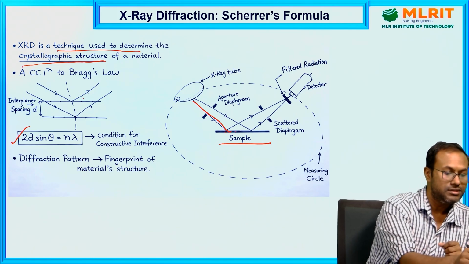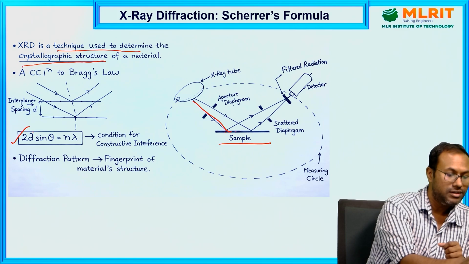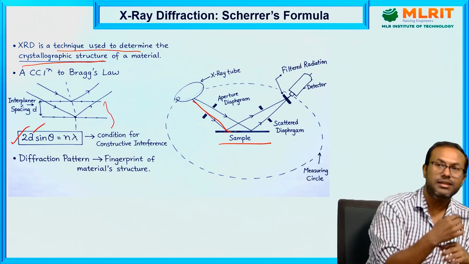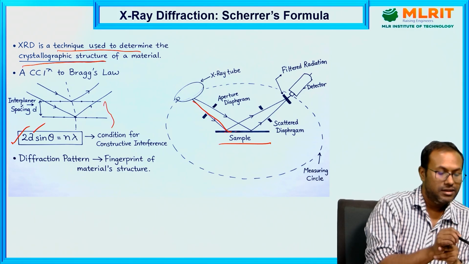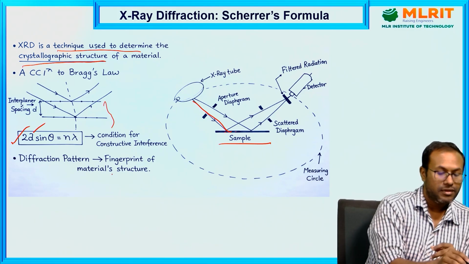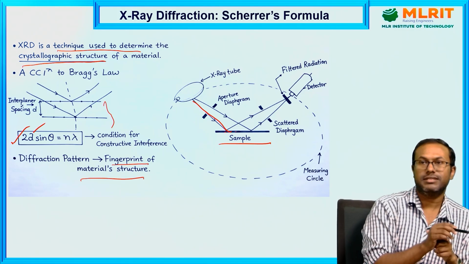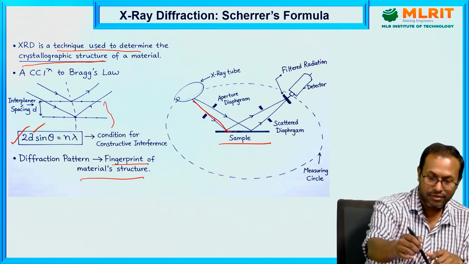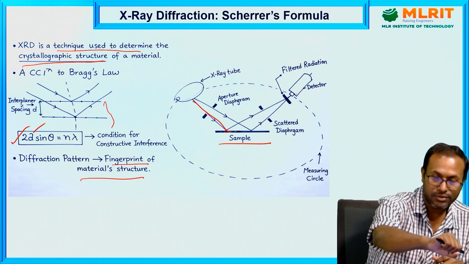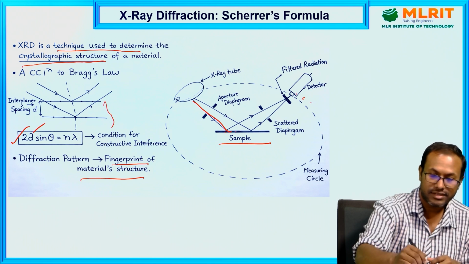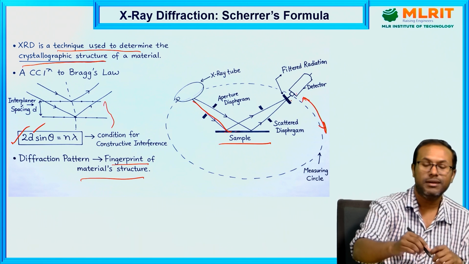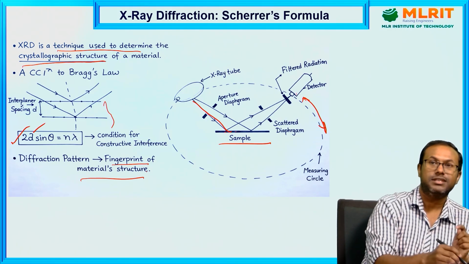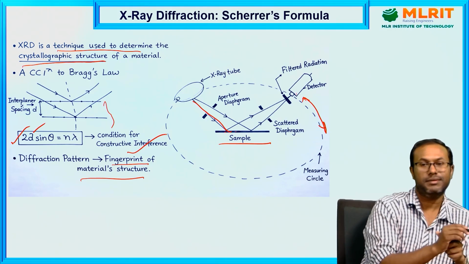We know about these things, and we already discussed that d is the interplanar spacing. If we know d, we can easily say about the crystal structure. So diffraction patterns give a fingerprint of the material structures, right? We have used a detector. We rotate the detector in these directions where the maximum intensity will be observed. In that place diffraction pattern is formed due to constructive interference.